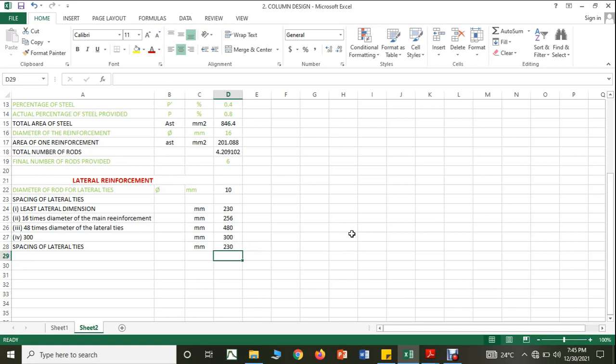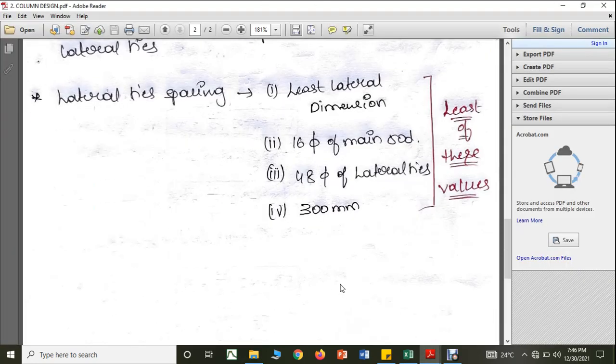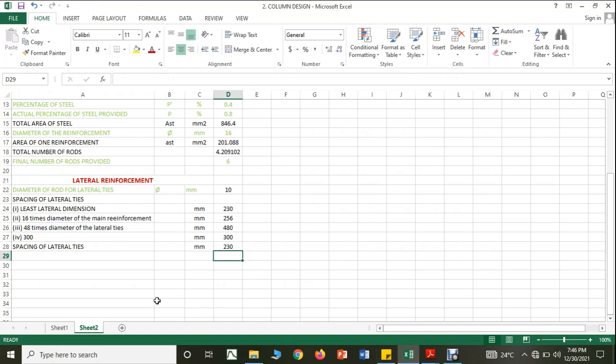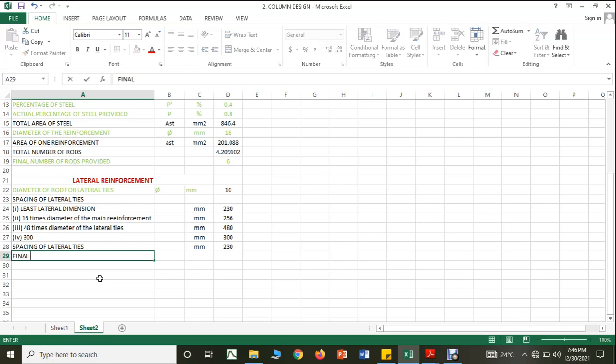When you enter, the minimum of this is 230 mm, and again the 230 mm we usually will not keep as it is; we will round off to the next lowest number. So the final spacing of lateral ties, given in mm, will be 200.